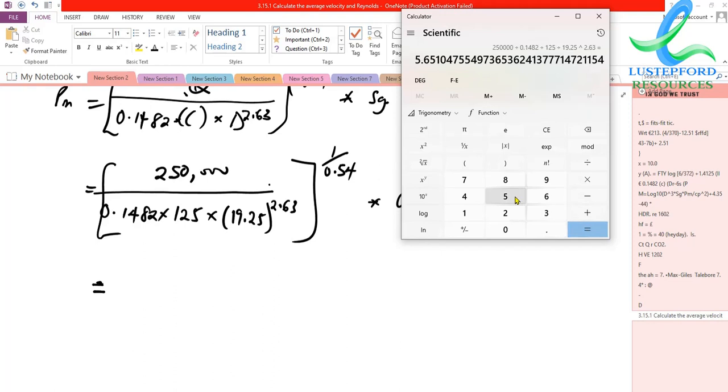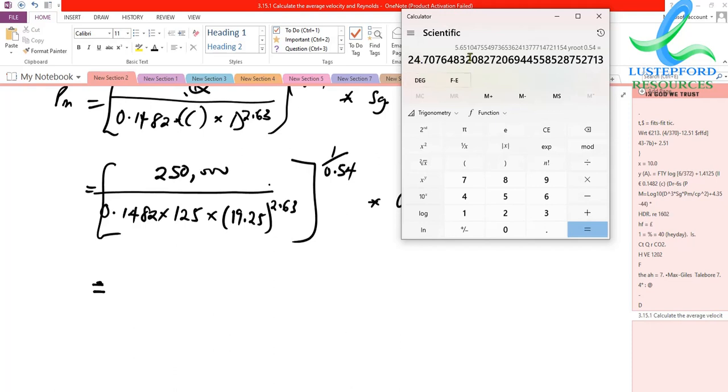So this is what we get. Then the second function: the 0.54 root.